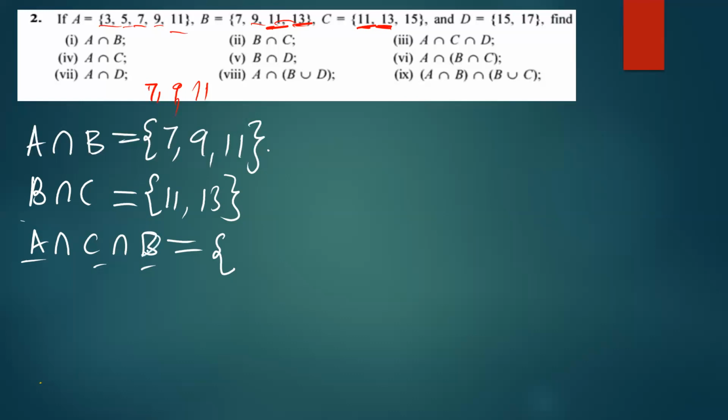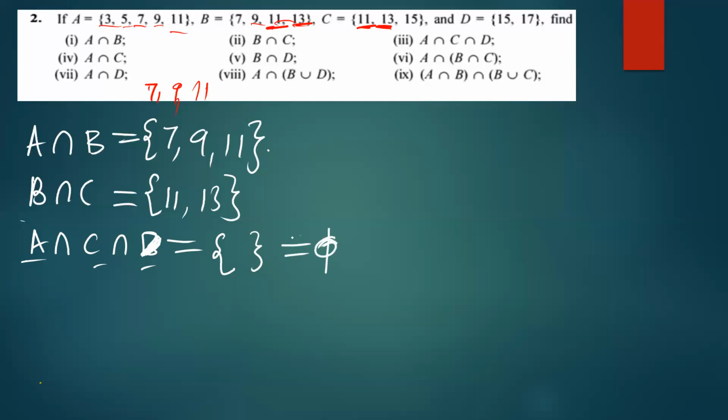We want something that is present in A, also present in C, and also present in D. Do we have anything that is common? We don't, right? So this is an empty set, which can also be written as that.